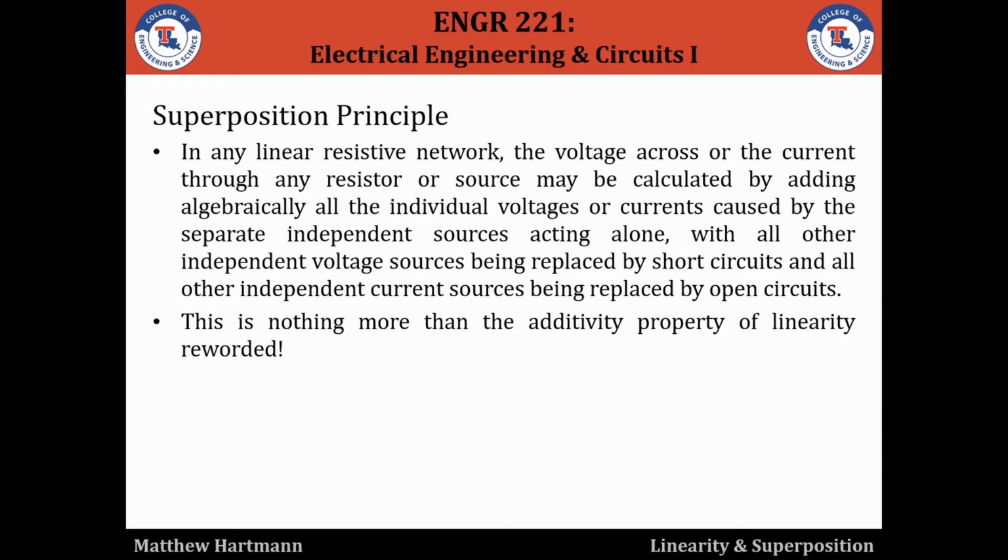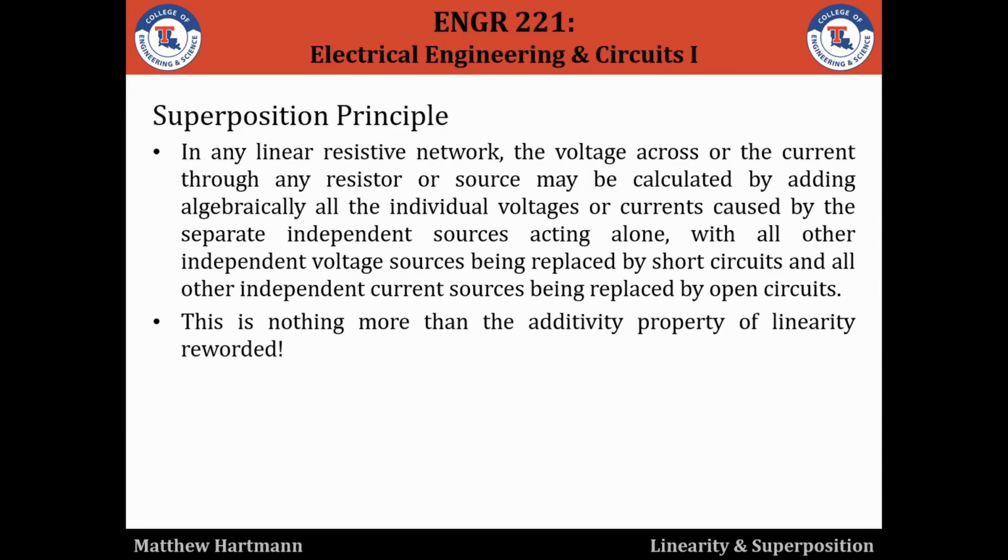The superposition principle says that in any linear resistive network, the voltage across or the current through any resistor or source may be calculated by adding algebraically all the individual voltages or currents caused by the separate independent sources acting alone, with all other independent voltage sources being replaced by short circuits and all other independent current sources being replaced by open circuits. This statement is just the additivity principle of linearity reworded.